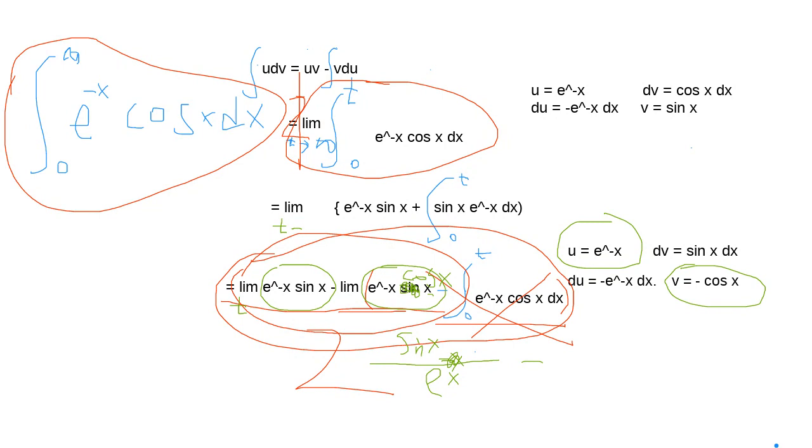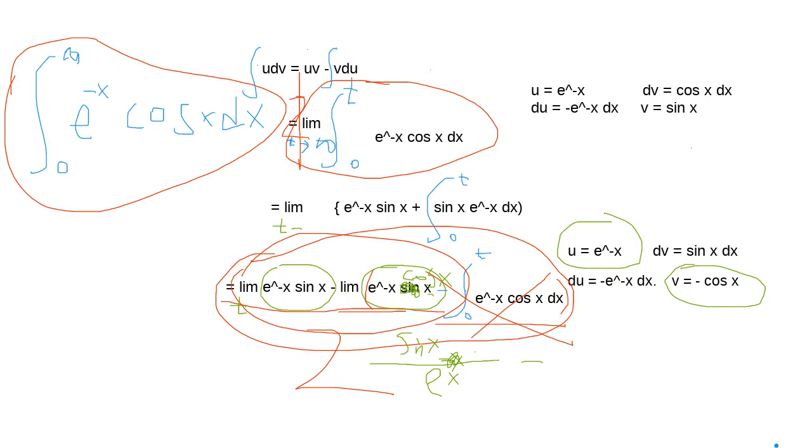Let's see. So we start from the beginning, 0 goes to infinity, but then we got rid of the limit sign. So we take the limit, we say, okay, let t run to infinity. We get this.